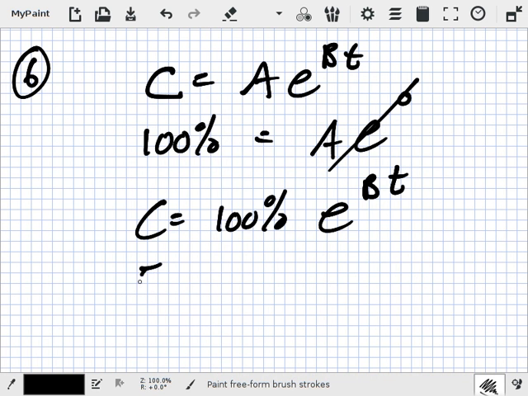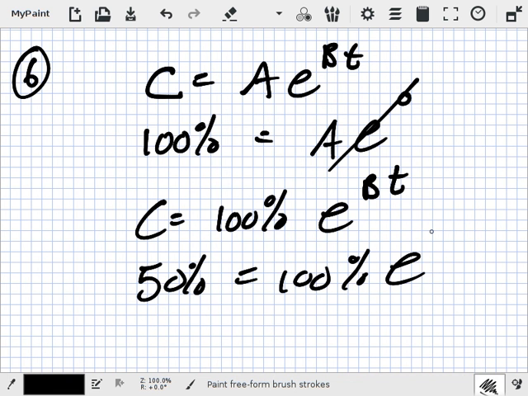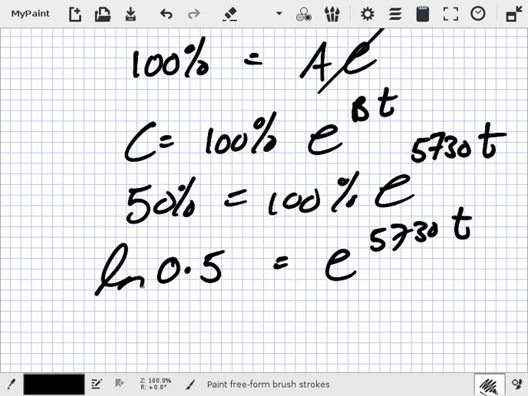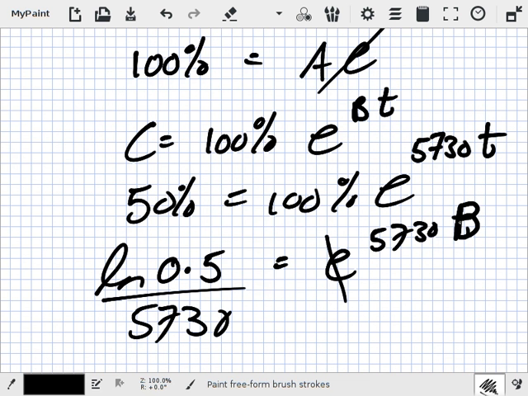So we know that 50% will equal 100% e^(5730B). So we'll divide. We get 0.5 equals e^(5730B). Log, cancel, divide, and we have, oh sorry, yeah, it's B. And we have our B.